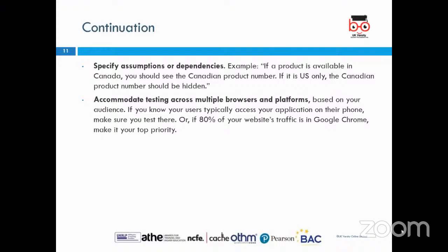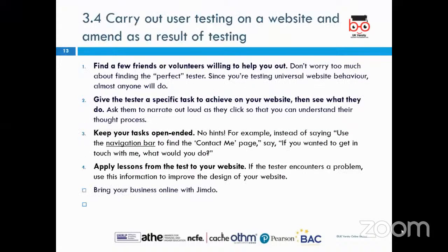We need to see how much these pages can communicate with each other, and how they're being affected by other environmental and external components. We're now going to carry out user testing on the website and amend as a result of testing.